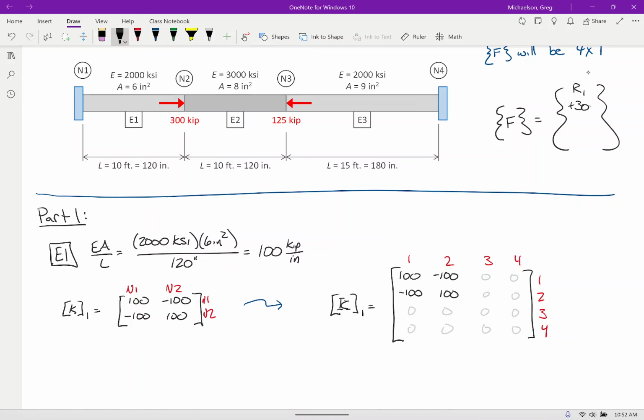Then it's positive 300, minus 125, and then unknown. How am I getting that? Unknown force, positive, negative, unknown. And why am I calling them R's? They're the reactions. So remember how I said part 2 you could do by observation? It is by observation. Okay, we'll do that more formally on Wednesday.